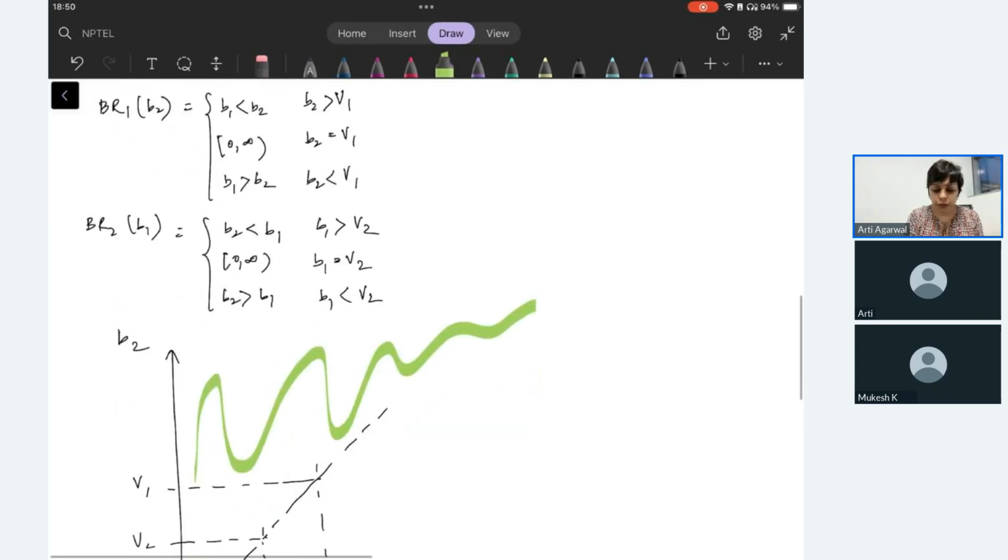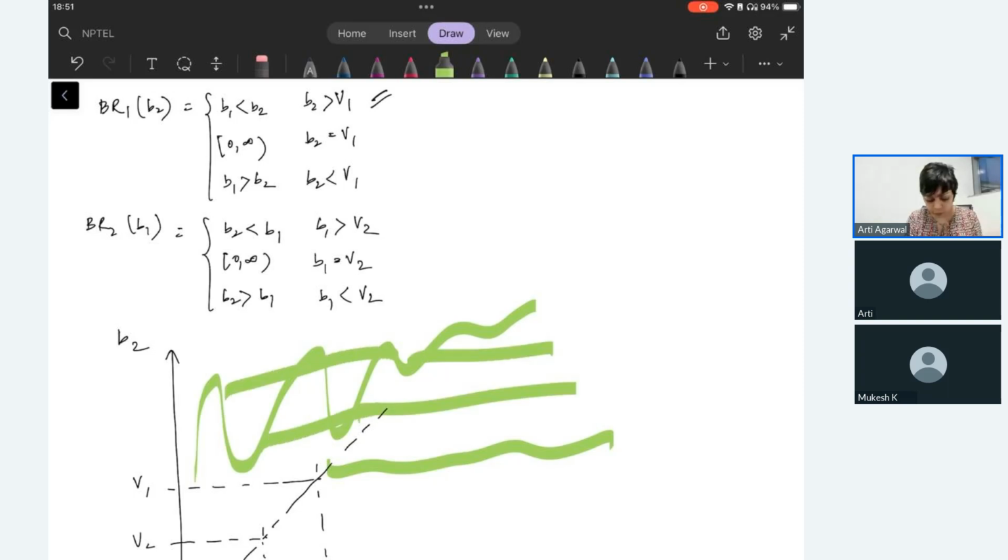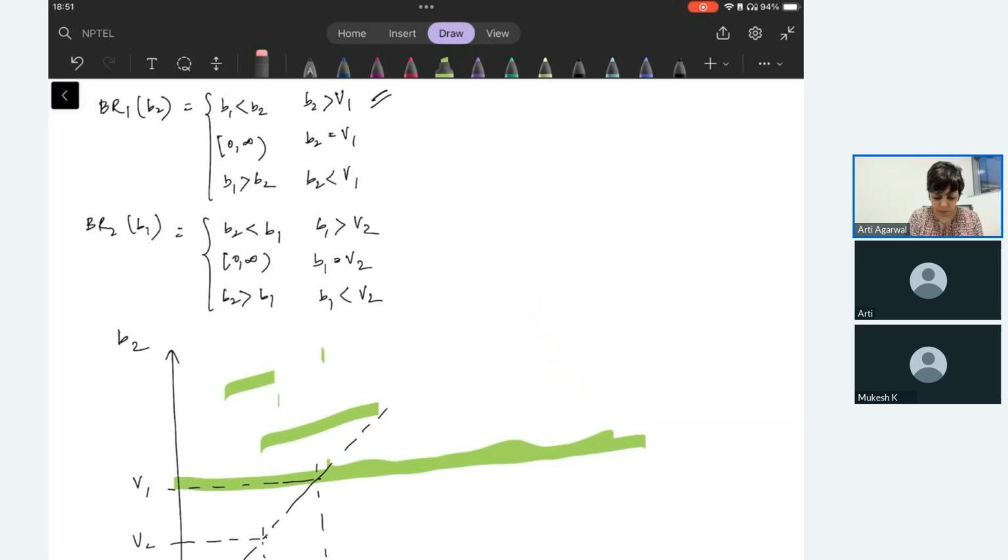I'm talking about this first part here. I've made this green highlight in that whole region. This whole part is B2 greater than V1. This is the V1 line. I will erase these later on, but just for now, I'm explaining this.